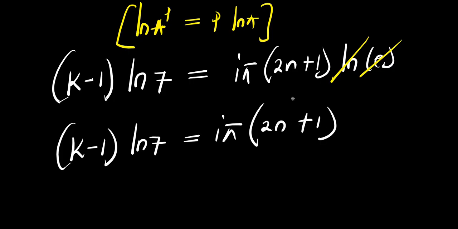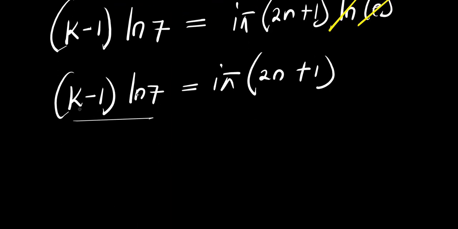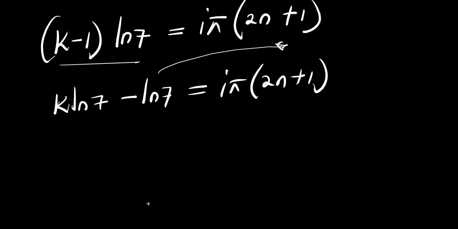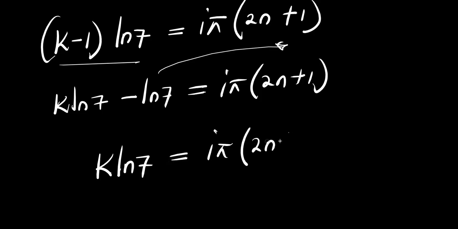From here, let's multiply this out. k times natural log of 7 minus natural log of 7 equals i times pi times 2n plus 1. So we can move this over here, and what we are going to have will be k times natural log of 7 equals i times pi times 2n plus 1, plus natural log of 7.